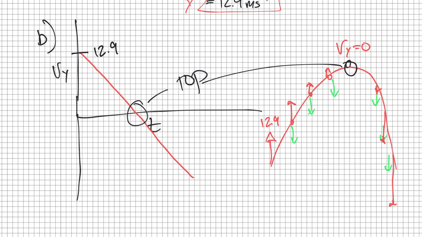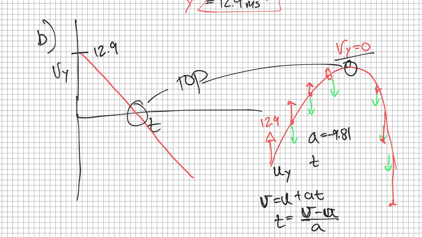We could figure out the time to reach the top by understanding that this is my initial velocity in the y. This would be my final velocity in the y. We know my acceleration is negative 9.81 or negative 10, and we could solve for time if we wanted to, using velocity equals initial plus acceleration times time, and getting the idea that time is equal to final minus initial divided by acceleration.